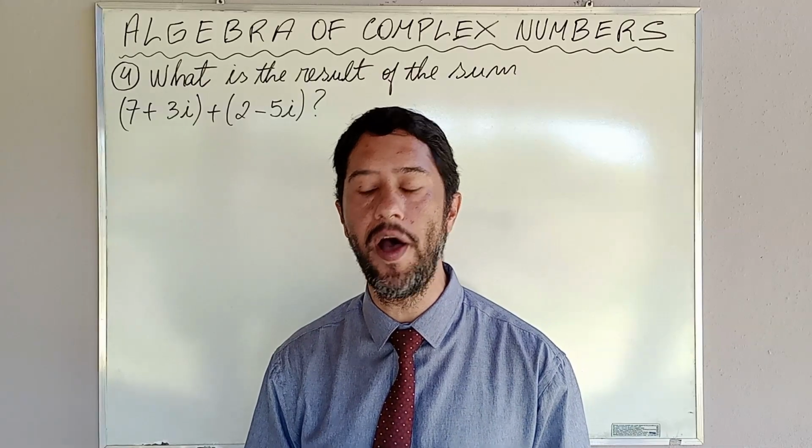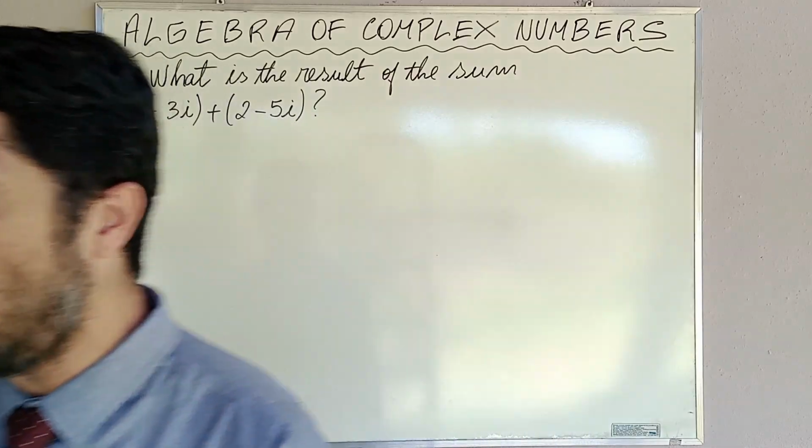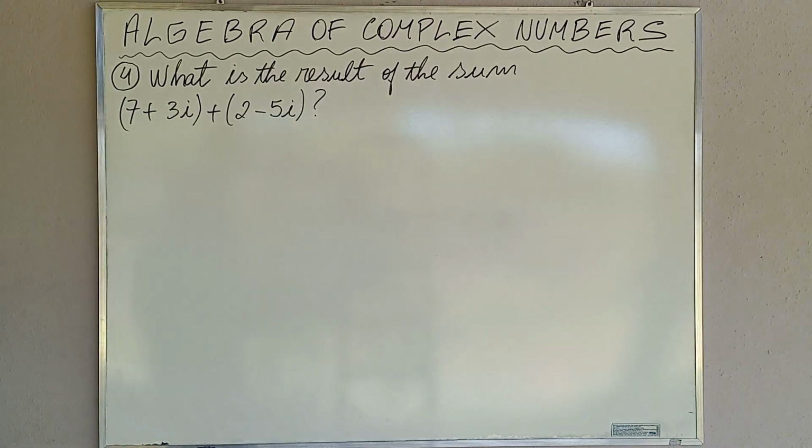Exercise number 4. What is the result of the sum (7 plus 3i) plus (2 minus 5i)? This is the question. Let's go to the solution.